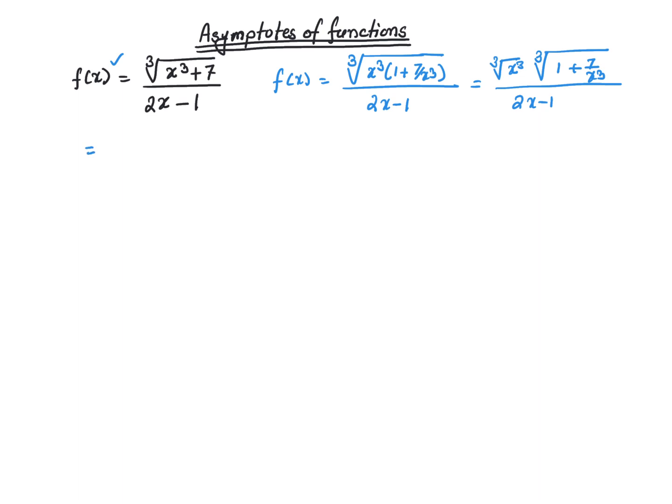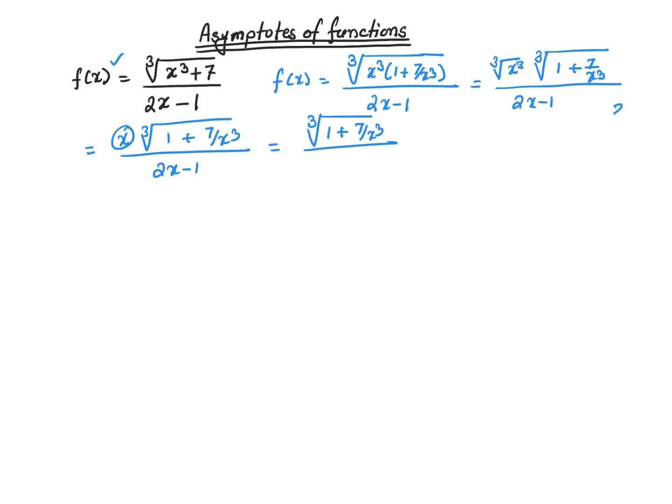That I could simplify even further to x times cube root of 1 plus 7 over x cubed divided by 2x minus 1. That I could further simplify to cube root of 1 plus 7 over x cubed divided by, I'm going to write this x as a division in the denominator, so it's 2x minus 1 over x.